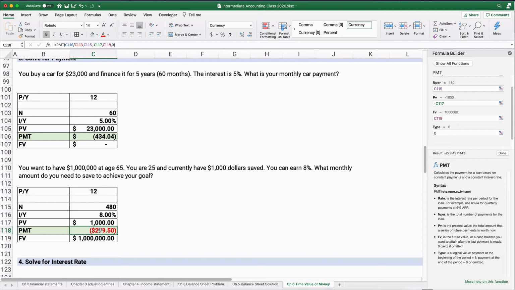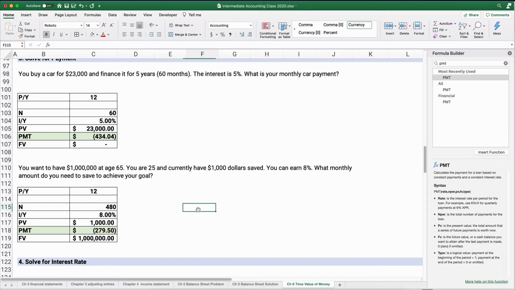So our answer is $279.50. We need to make a payment out of our pocket of $279.50. If we get 8% annual interest, then it will grow to $1 million.